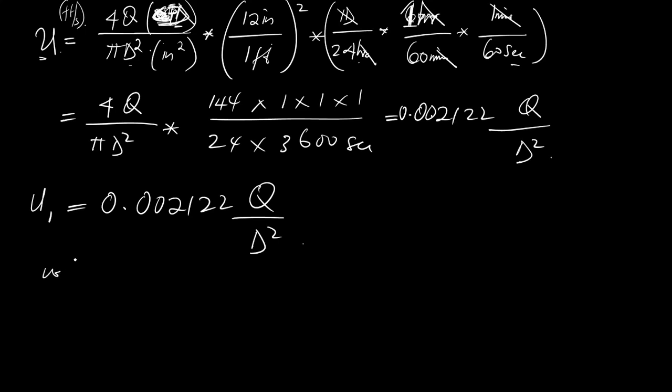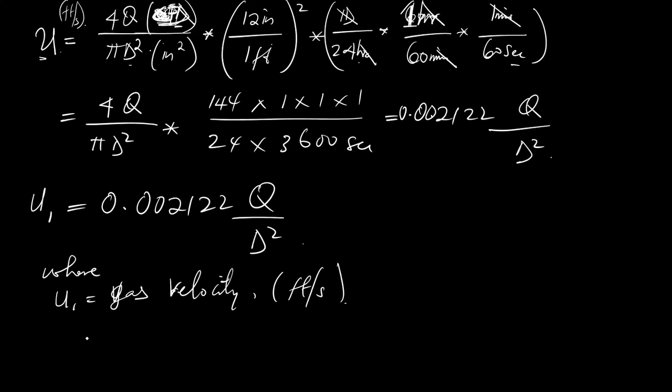So where u1 is the gas velocity in feet per second, while Q is the cubic feet per day. That is the flow rate. This is not a standard cubic feet.